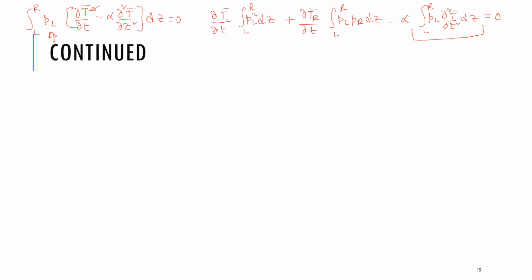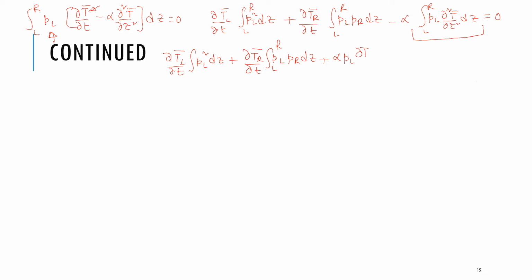So the final equation we got there is ∂TL/∂T PL² dz plus ∂TR bar/∂T L to R PL PR dz plus alpha PL. This is the part that we just did.